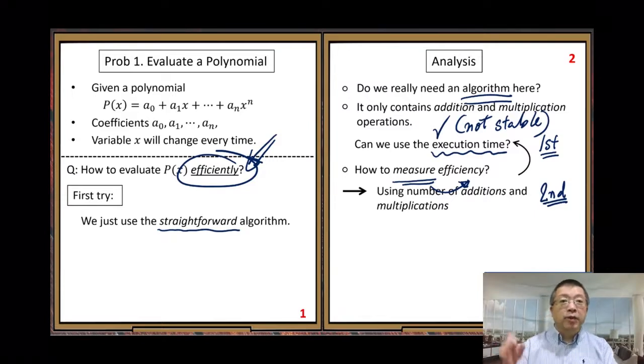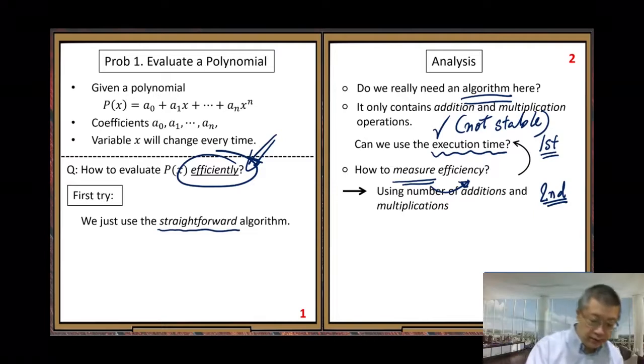But this straightforward method, we have a formal name for it, an official name. Later in our module 3, we will spend some time to learn this kind of straightforward method. It is called the brute force method.